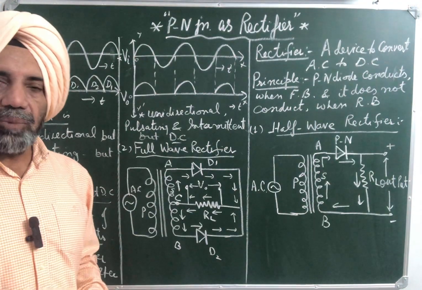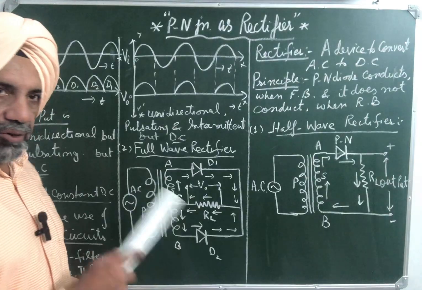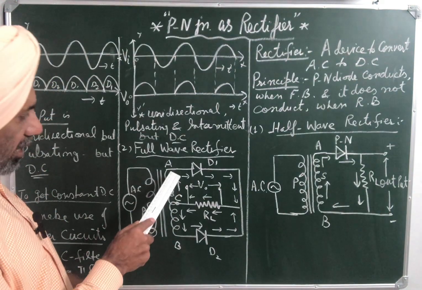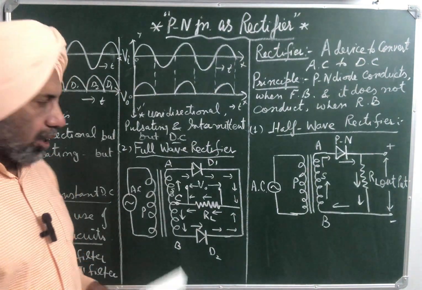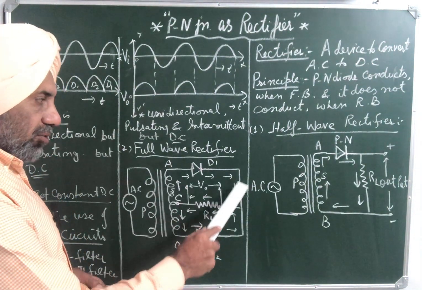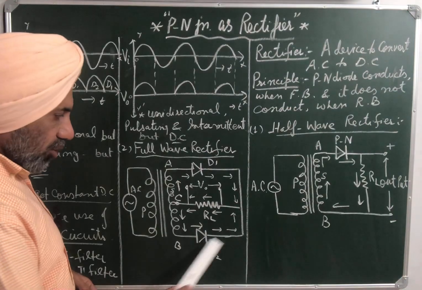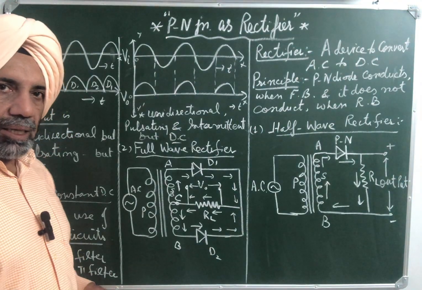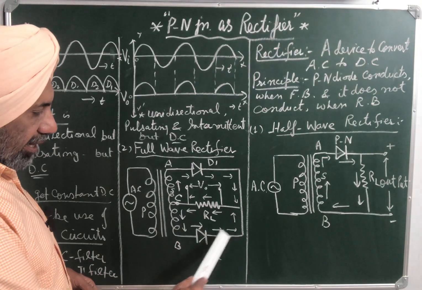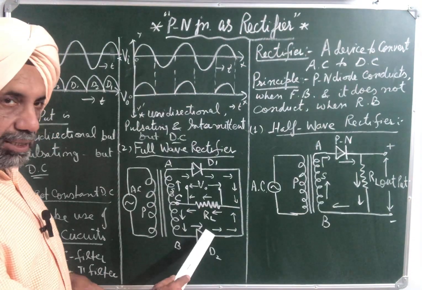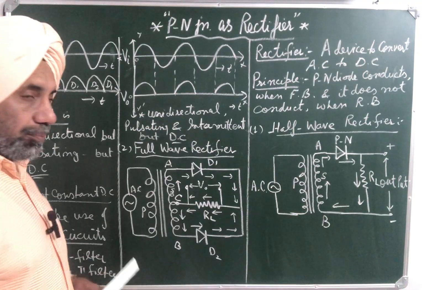Now during the negative half cycle, when A becomes negative, B will be positive because center C is earthed. Now D1 doesn't conduct because it is reverse biased, but D2 conducts because it is forward biased. So we get current in the direction of these arrows, that is in the anti-clockwise direction in the lower circuit, and this is the direction of current through the load.